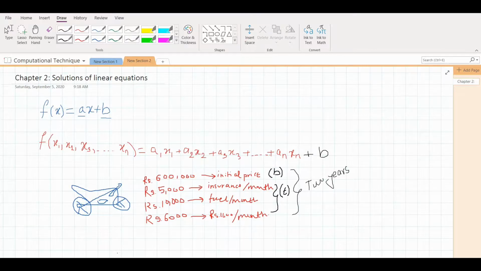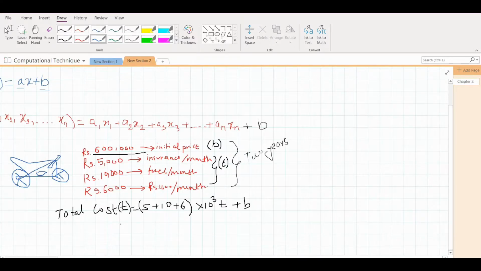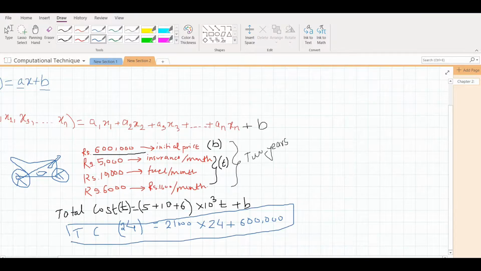So you can form an equation like total cost equals, you can add these up, and this function depends upon time. Now here you can plug in 2 years, that will be 24 months. This will be your total cost of owning a motorcycle for 2 years.